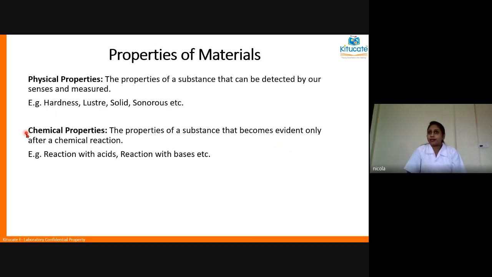It can be smell, it can be the feel of the material, it can be the sound of the material. All these come under physical properties, and chemical properties are the properties that become evident only after a chemical reaction. You can observe these properties only after a chemical reaction. Next slide.